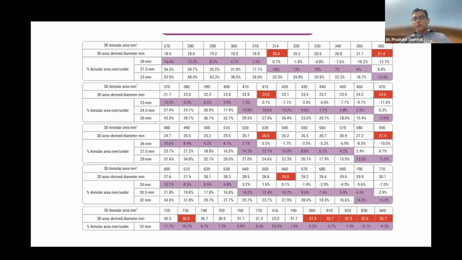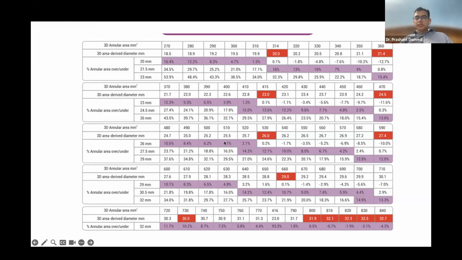Then according to the annulus dimension, we need to decide how much oversizing we are doing during the valve deployment. In the balloon expandable valve, we usually never oversize beyond 10%. And for the self-expanding valve, we usually oversize between 13 to 31%. So suppose my annulus area is around 510. For 510, my 26 millimeter valve will be around 4.1% oversize.